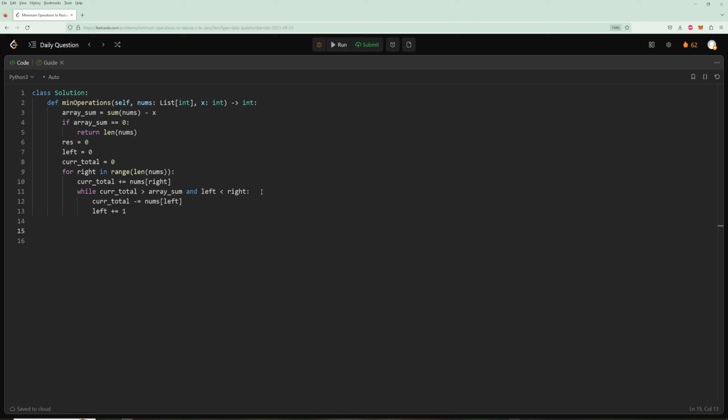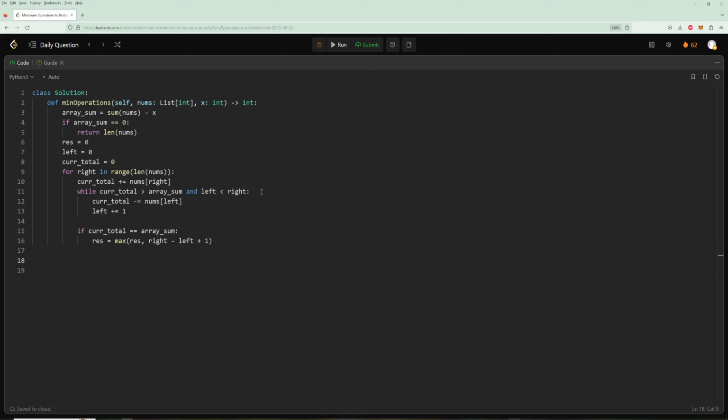And we still have to check if they're actually equal, because it's still possible for it to be bigger if it's one element. So we can just check if current total equals array sum, that means we have a valid sliding window. So then we just try to maximize our sliding window. So we can say res equals max res, right minus left plus 1 to get the length of the current sliding window. That's pretty standard sliding window.